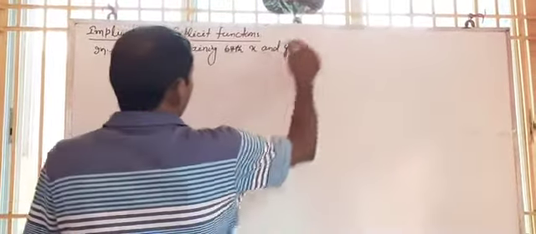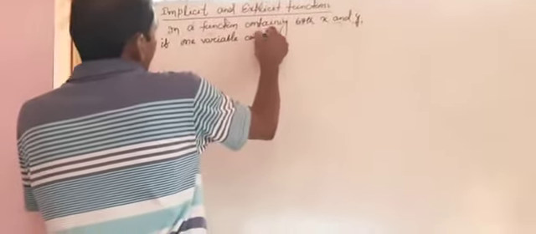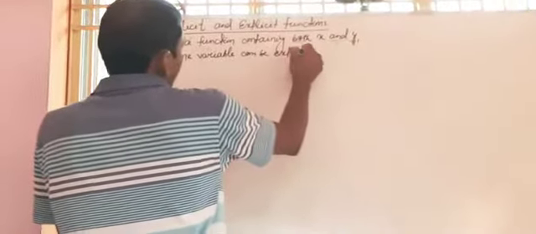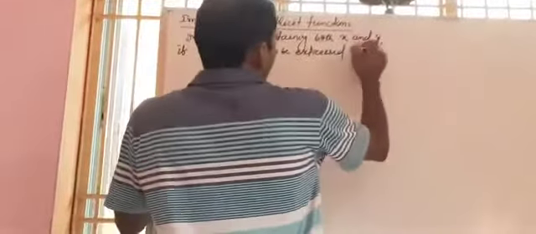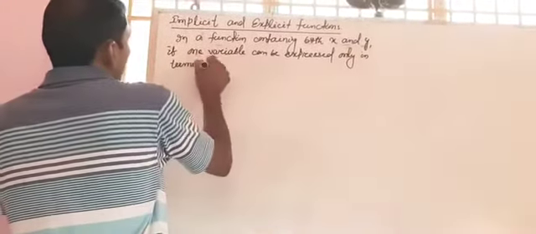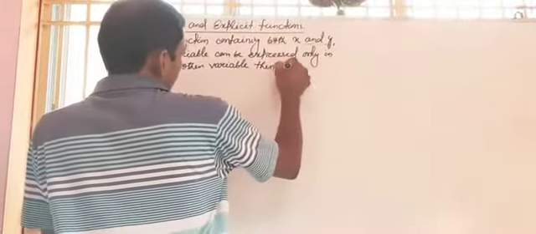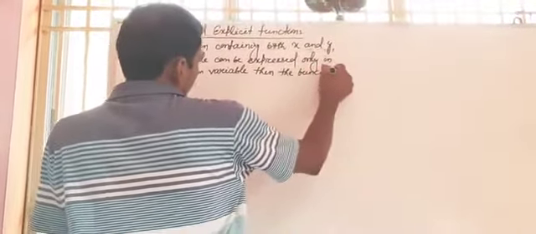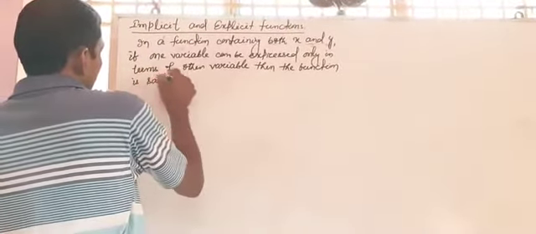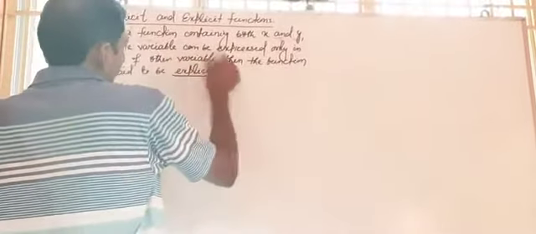If a function containing both x and y, if one variable can be expressed only in terms of the other variable, then the function is said to be explicit.